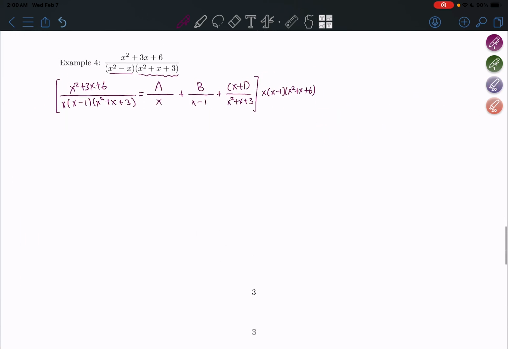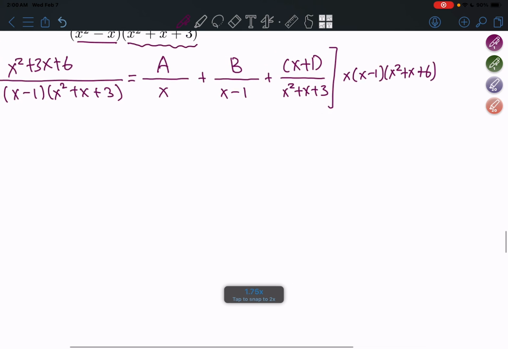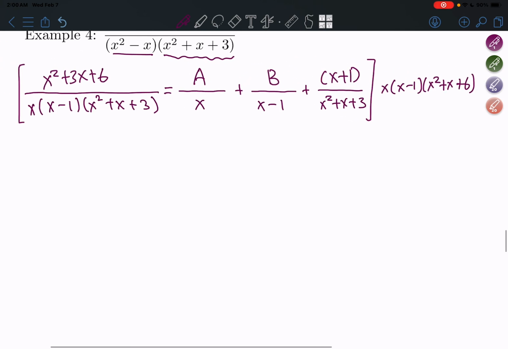I have room. I think I should be fine. Let's go ahead and find that out. After that, I will have x squared plus 3x plus 6 on the left-hand side.